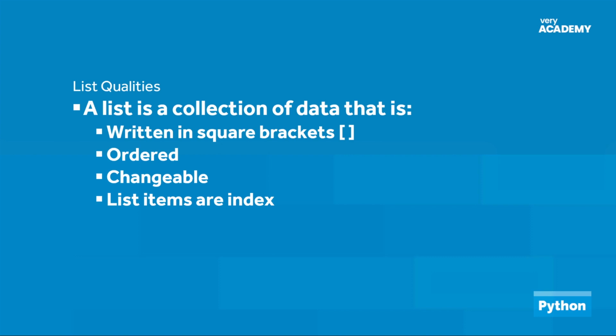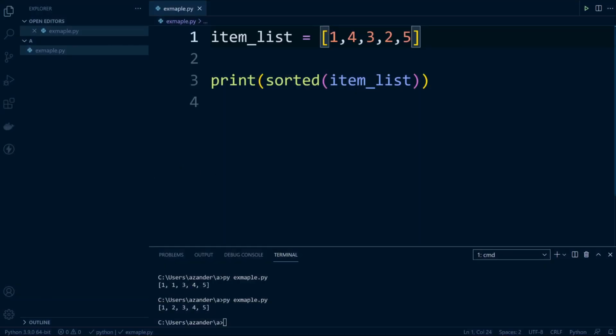So let's have a look at the list qualities again. It's written in square brackets. We've seen that. It's changeable. We've seen that: add, delete, insert, append. And then the list items are indexed, so we're able to access our items from the index or the position. Now, this idea of ordered is something that I've not explained. It's ordered, but that doesn't mean that we can order things. This is suggesting that when the items are in this list, this is the order.